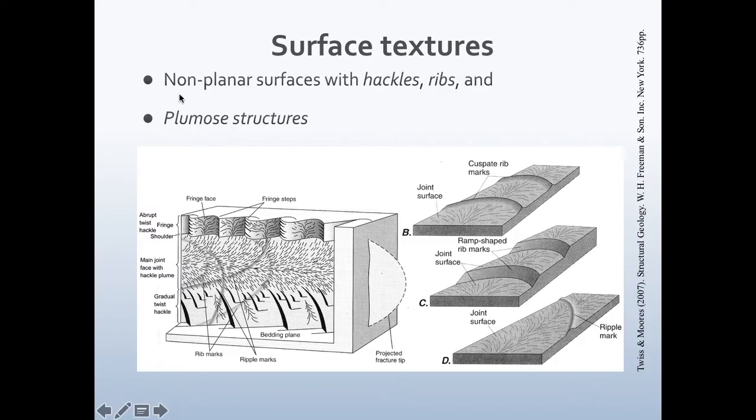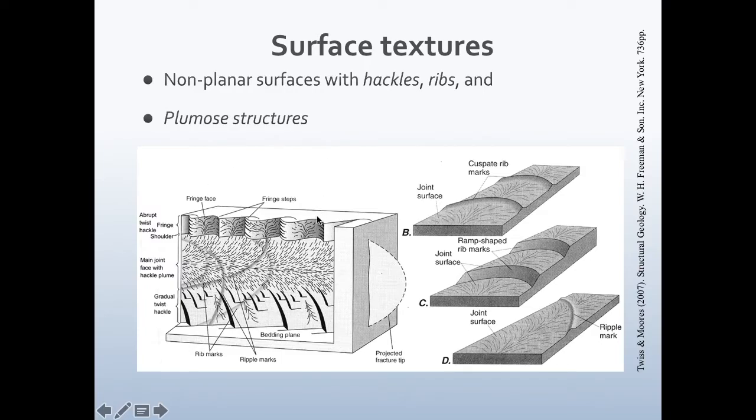So joints can be non-planar. There's little topography; what we've been looking at is topography on the joint surface. We call them plumose structures when they have this feather-like aspect. And again, this one propagated from the left towards the right. There's a nomenclature, as you can see, for these.